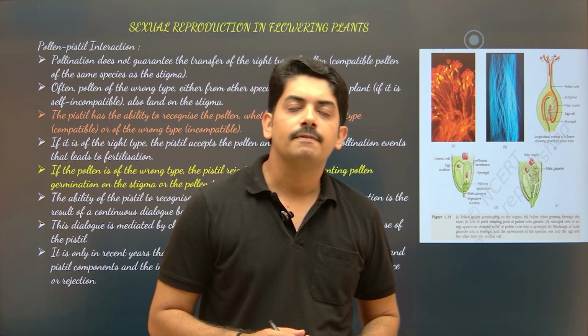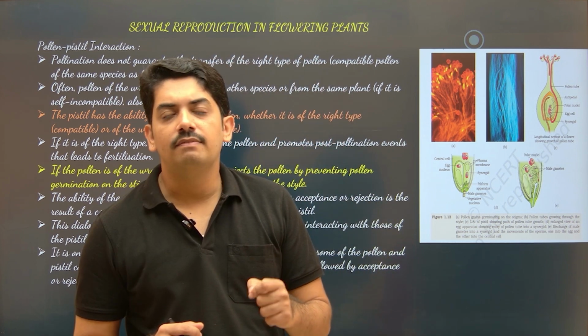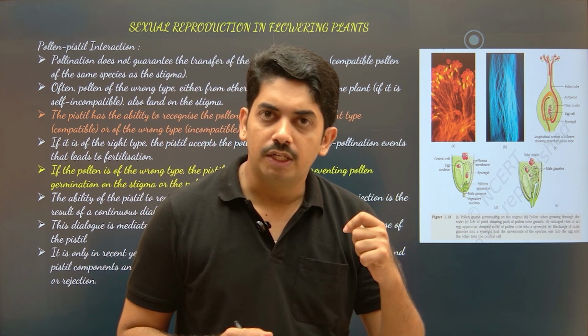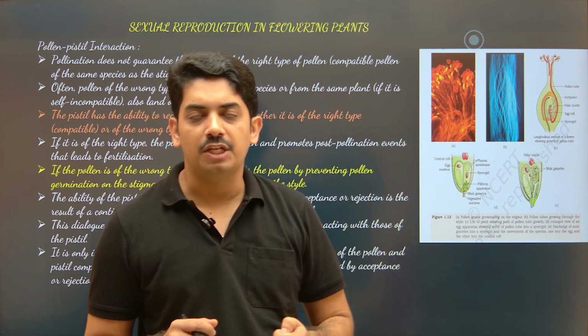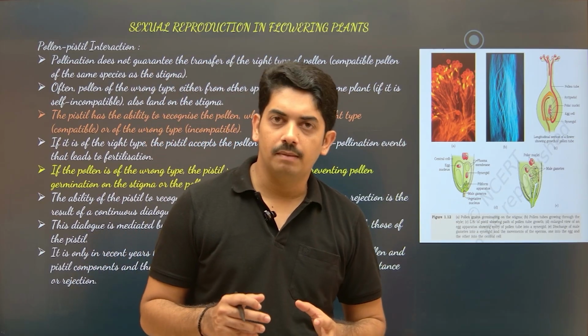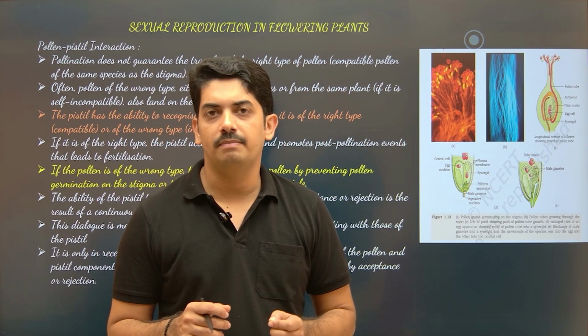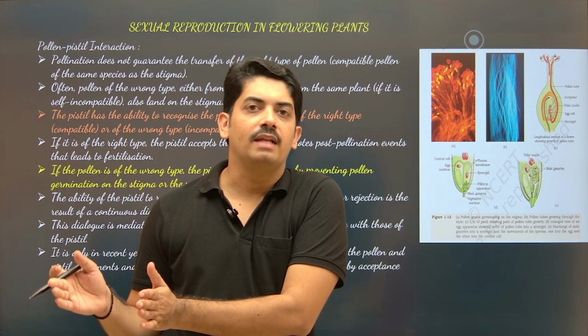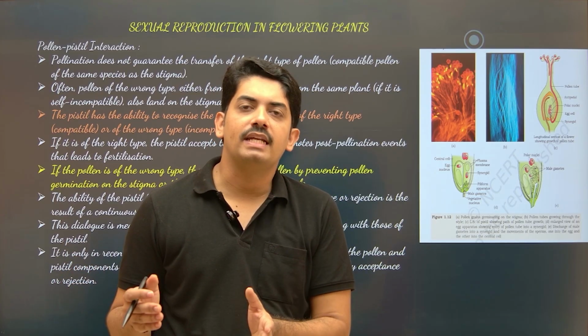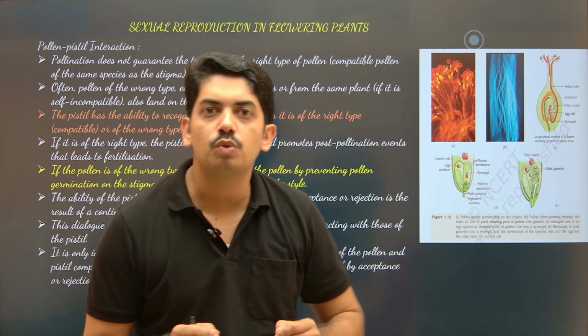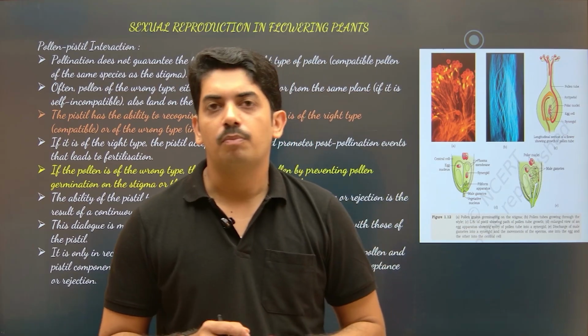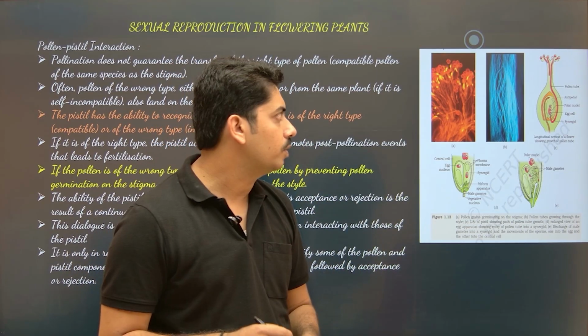Now the question is, how does this pollen grain undergo pollen tube formation, or germination? There are certain chemicals which allow the pollen grains to germinate, somewhat similar to a 10% sucrose solution. In the laboratory we use a 10% sucrose solution to germinate the pollen grain and observe the pollen tube formation from the germ pore.